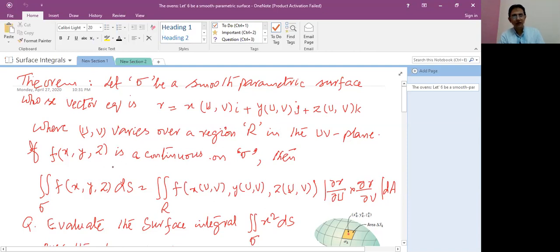If f(x,y,z) is continuous on sigma, then the double integral over sigma of f(x,y,z) dS equals the double integral of f(x(u,v), y(u,v), z(u,v)) times the magnitude of (∂r/∂u × ∂r/∂v) dA, because x, y and z depend on u and v.